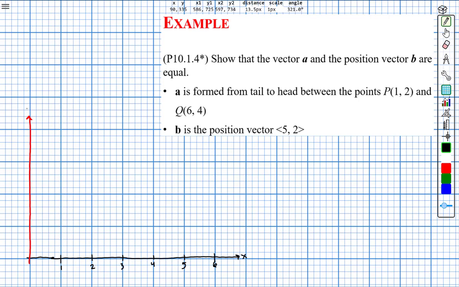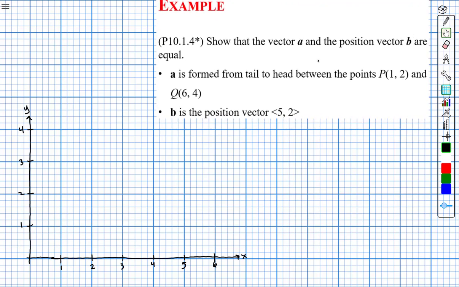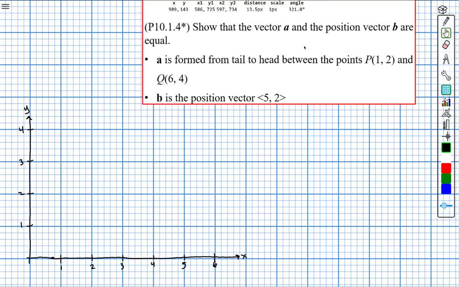So I will come up here and we have 1, 2, 3, and 4. I'm thinking my little problem statement is going to get in my way a little bit, so I'm going to move that out of the way.